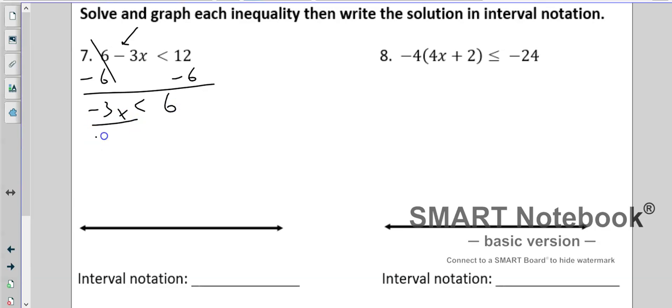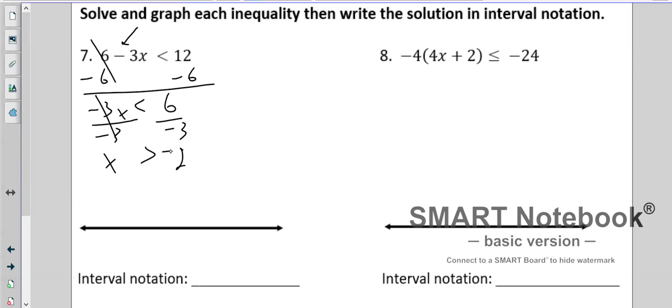I'm going to divide by -3. As soon as you hear yourself say that in your brain, an alarm should go off. In fact, I'm going to flip the symbol right now before I do anything else to remind myself not to forget, because I do too. It happens. That gives me x is greater than 6 divided by 3 is 2, positive divided by negative is negative, so -2.